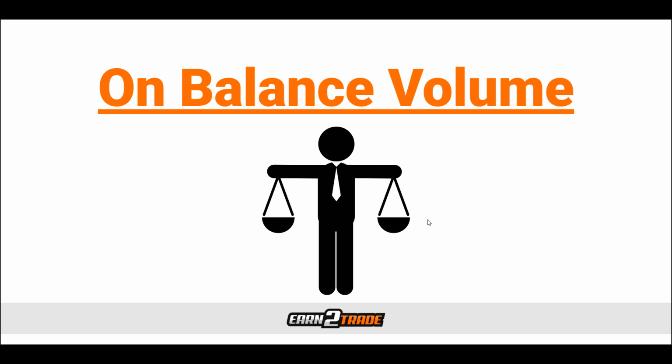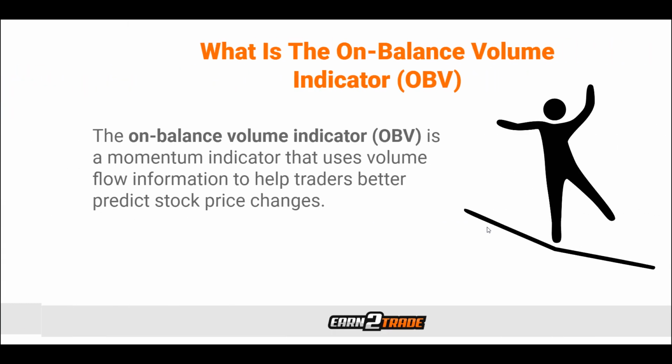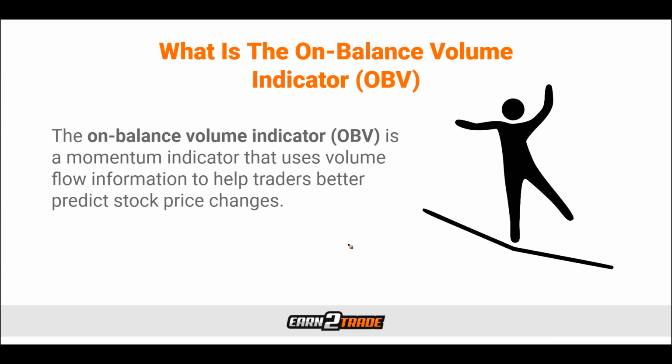It uses volume information to better give the trader a depiction of what is going on in the market currently. The on-balance volume indicator is also referred to as OBV for short, and is a momentum indicator that uses that volume flow information to help traders better predict stock price changes or asset changes.